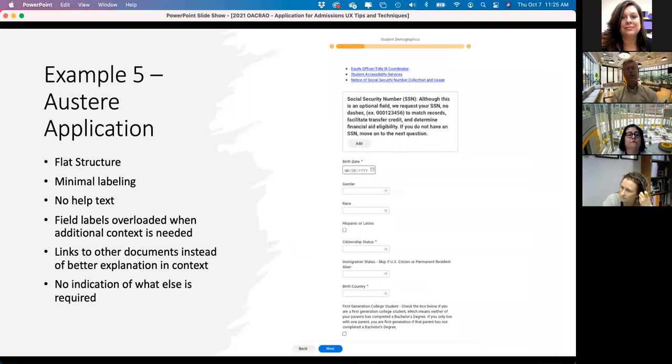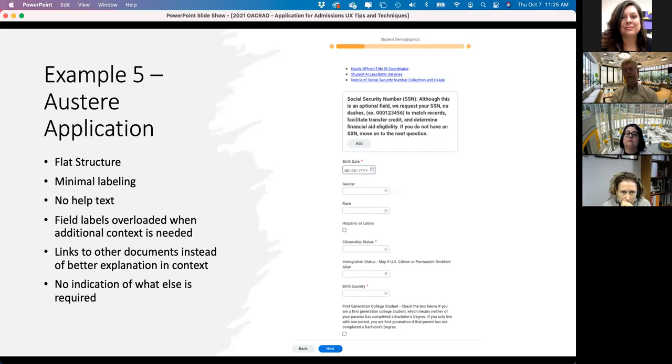Another example is what I call an austere application. The idea is that I want to keep it simple, but in some ways you need to provide additional information to help them fill out the application. In this circumstance, the only thing you have available is the label of things.